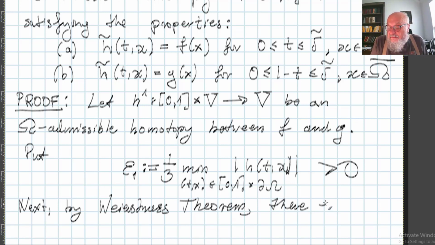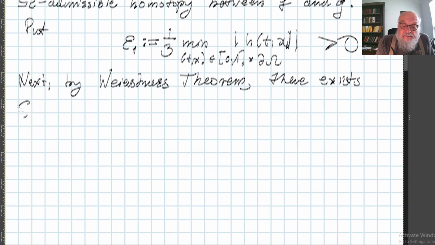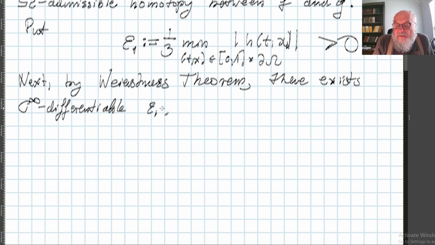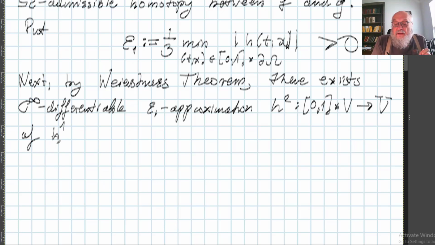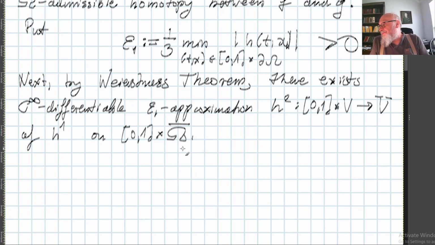There exists a C infinity differentiable epsilon 1 approximation of H1, call it H2, going from [0,1] times V to V, at least on [0,1] times omega closure. This is the required homotopy.